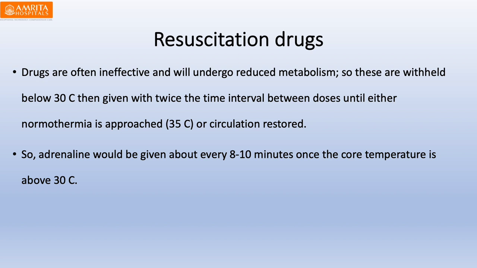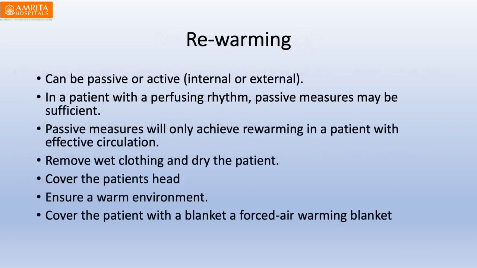Here you can wait 8 to 10 minutes, twice the normal time, until the victim has become normothermic. So adrenaline would be given about every 8 to 10 minutes once the core temperature is above 30 degrees Celsius till normothermia is achieved. Once normothermia is achieved, the regular resuscitation protocol, that is epinephrine every 3 to 5 minutes, you can continue.